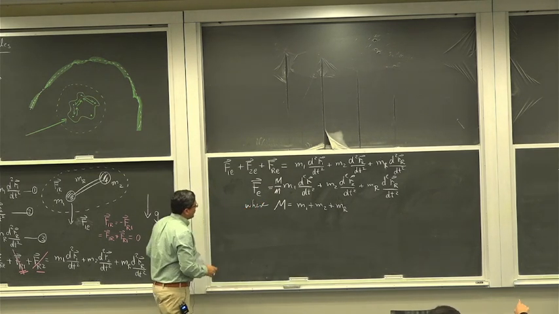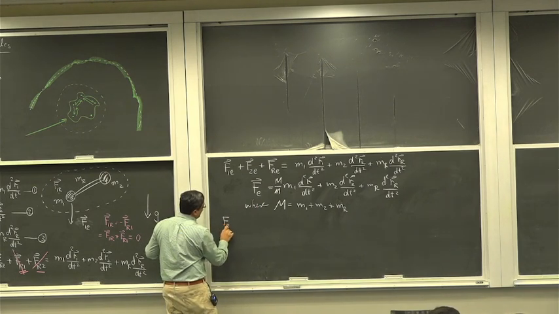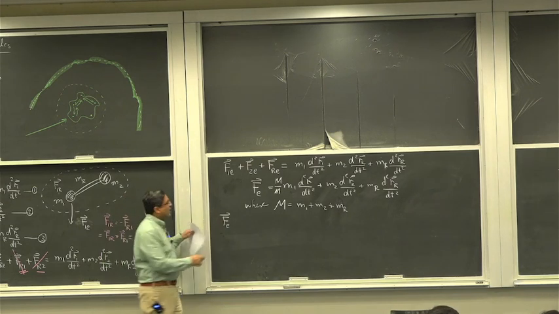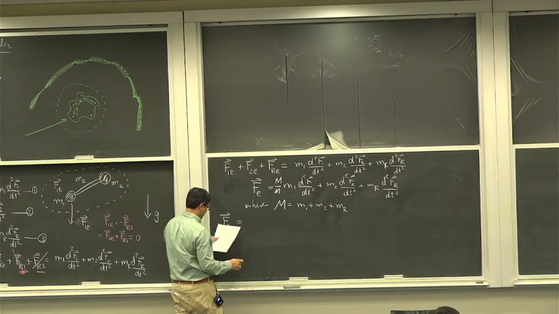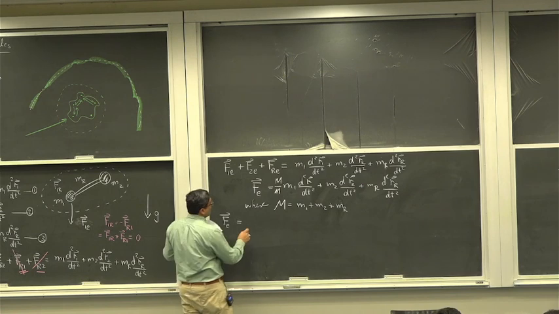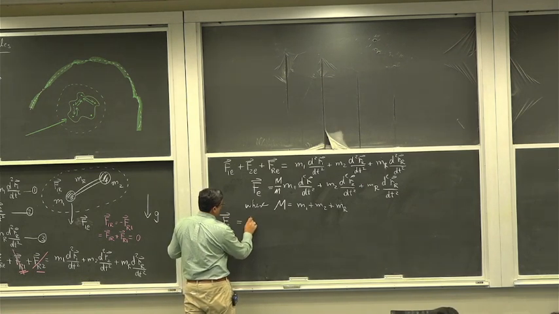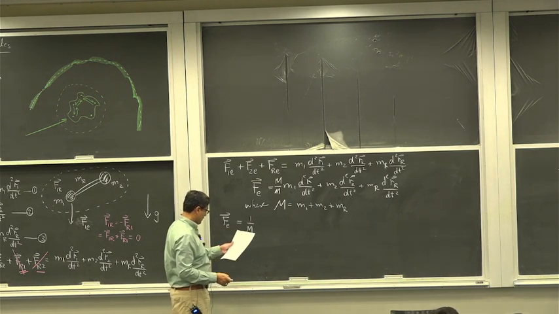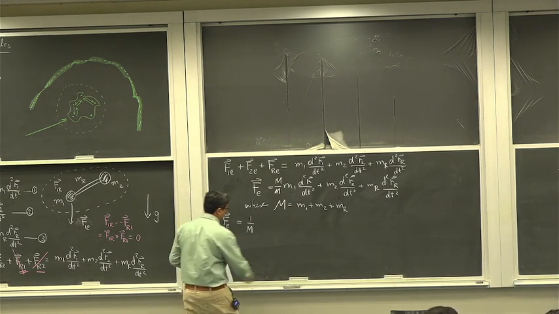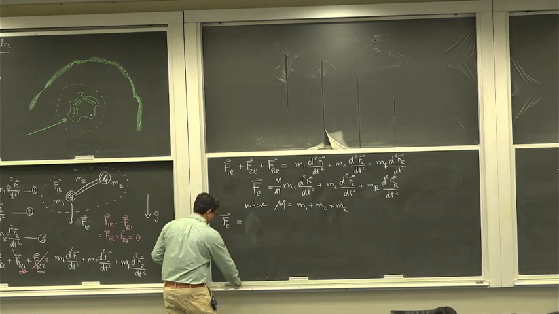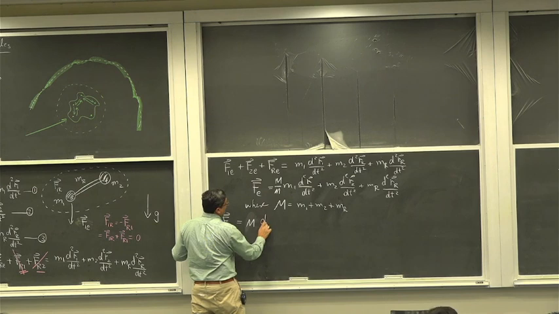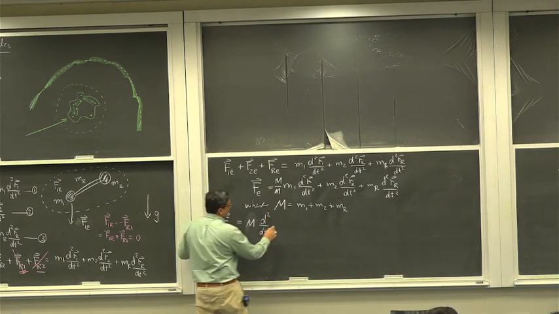All right. So then can I write now F_e, the total external force acting on the system of particles, equals M d squared over dt squared of... watch carefully.